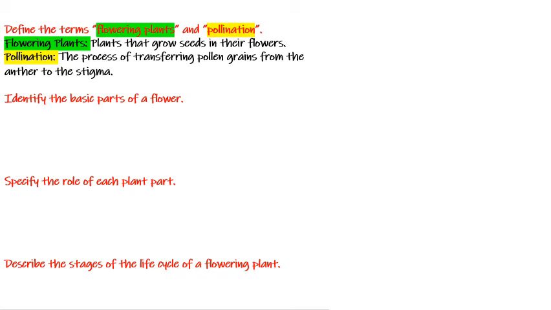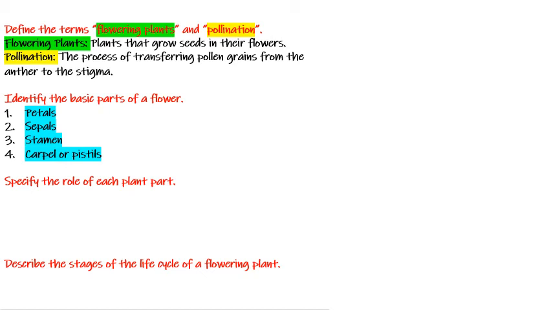Yes, petals, sepals, stamen, and pistil. Stamen is made of two different parts, anther and filament. The carpel is made of three different parts, stigma, style, and ovary.